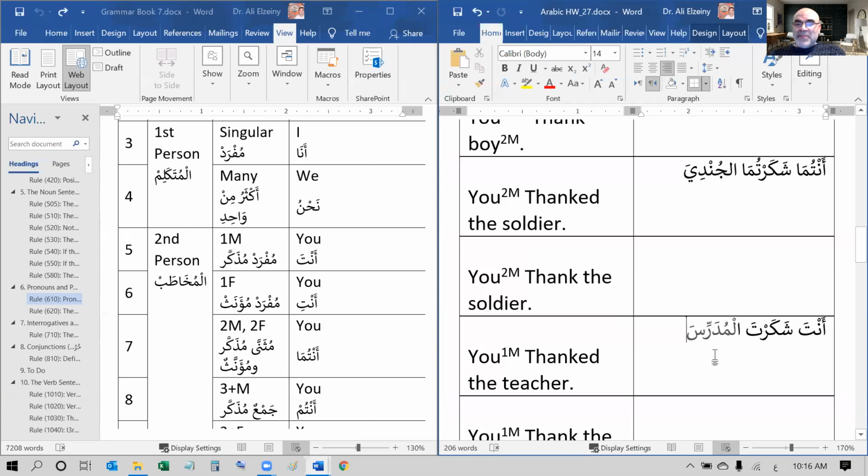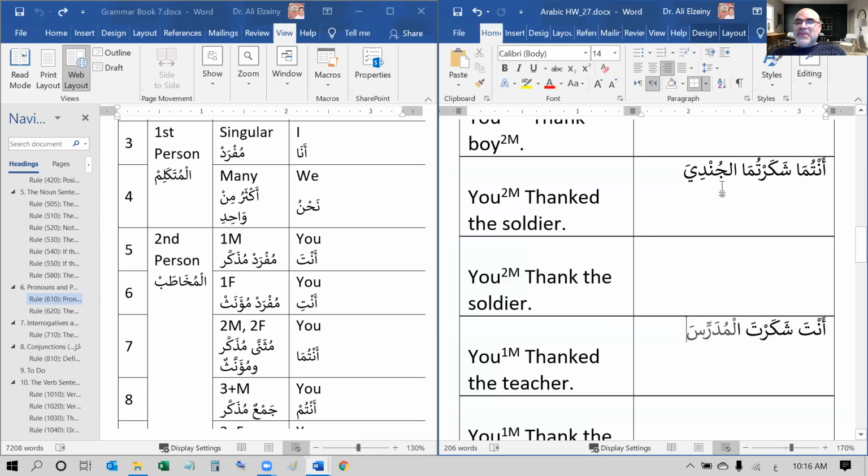Usually when we stop, we convert the last letter into sukun. So if we stop, we say أنت شكرت المدرس. Not المدرسة, المدرس. Why? Because we're going to stop. Stop means sukun. So here, same thing. أنتما شكرتما الجندية.